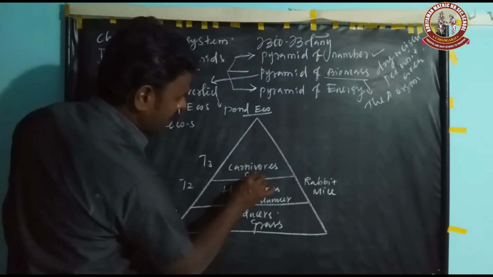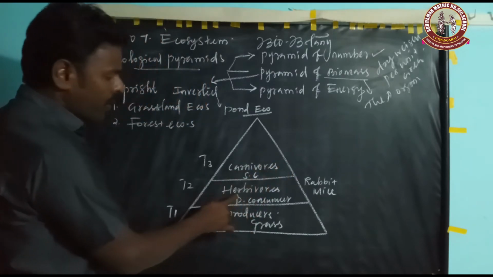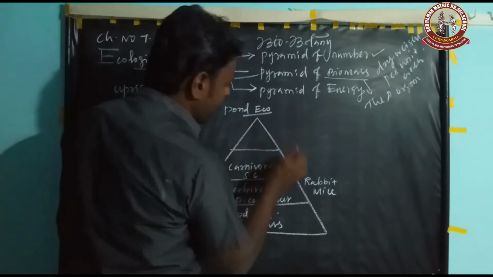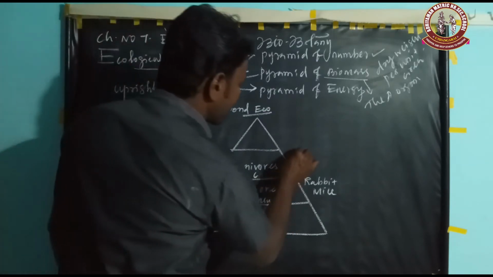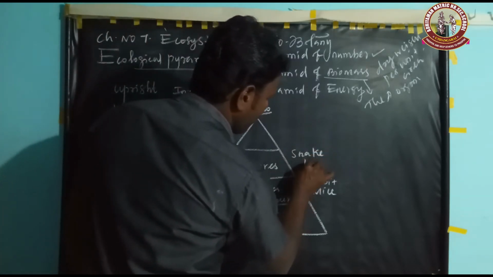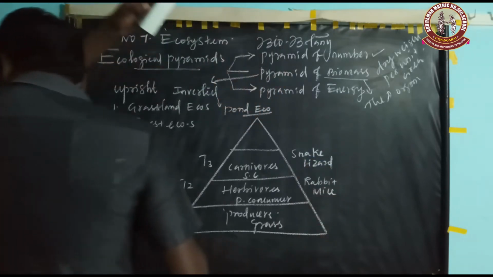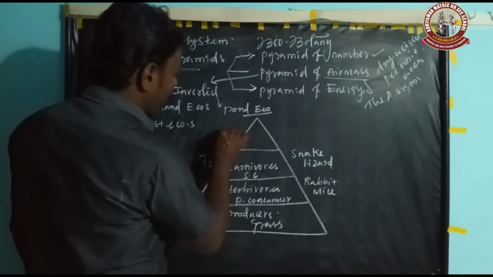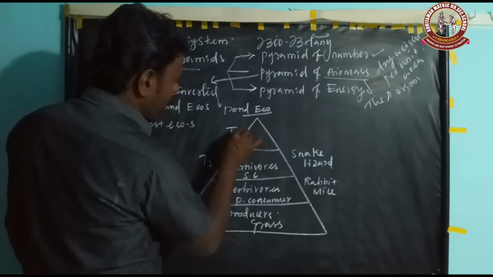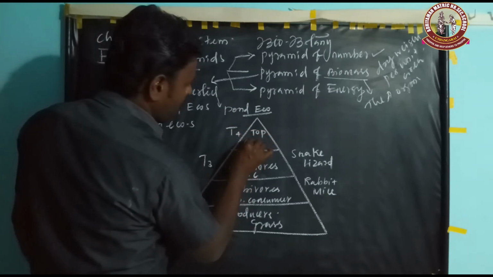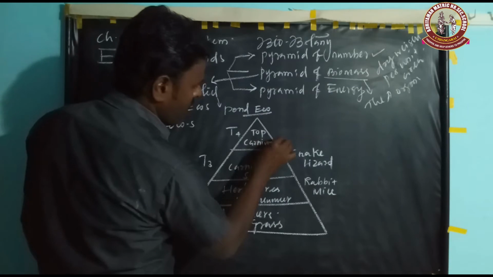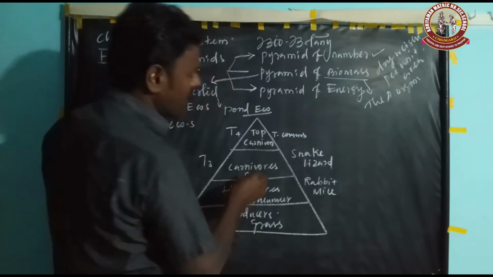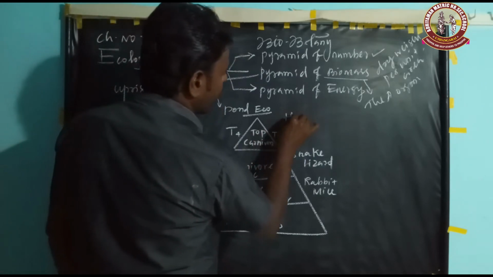Carnivores are secondary consumers, which feed on the herbivores or primary consumers. For example, snake and lizard are examples of carnivores or secondary consumers. And then finally, the final trophic level is top carnivores or tertiary consumers.